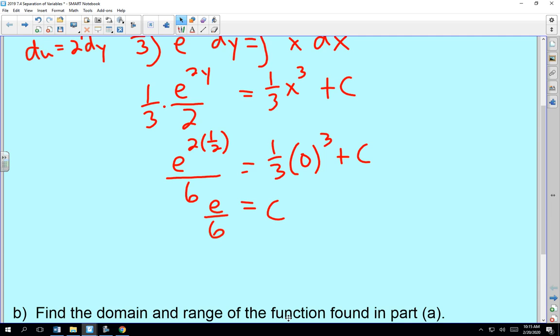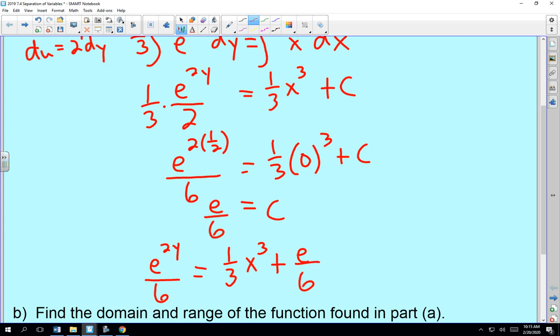So we have e to the 2y over 6 equals 1/3 x cubed plus e over 6. So that's my function.